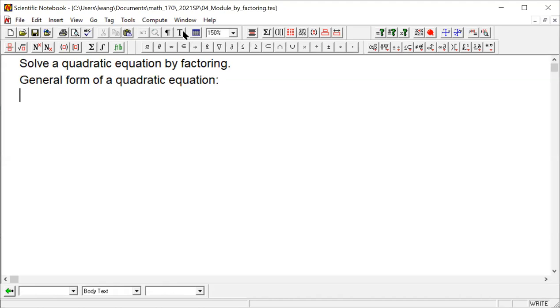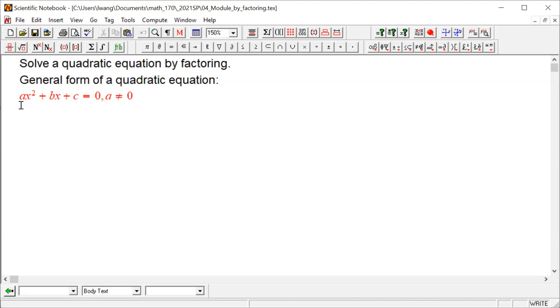Now we're going to talk about the meaning of the general form of a quadratic equation. Usually it's in this form, provided that a is not 0. Okay, so this is a general form of a quadratic equation.